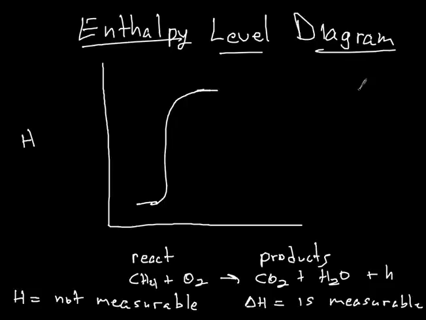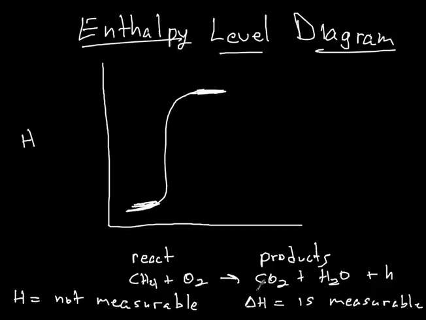Okay. Now, the last thing is about relative stabilities. In chemistry, the lower the enthalpy, the more stable the chemicals are. The higher the enthalpy, the less stable the chemicals are. We're talking about thermodynamic stability here.